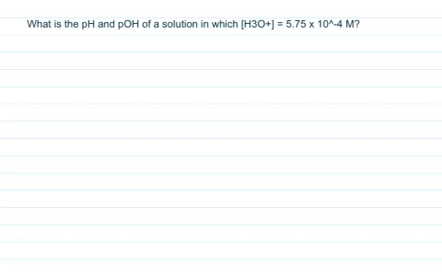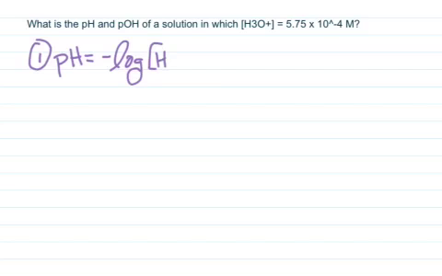First thing you need to realize is we're working with hydronium. So the first equation we can use is to find the pH. We can't use the pOH because this is not a base, it's an acid. So our first equation is going to find the pH. So pH is equal to the negative log of hydronium.